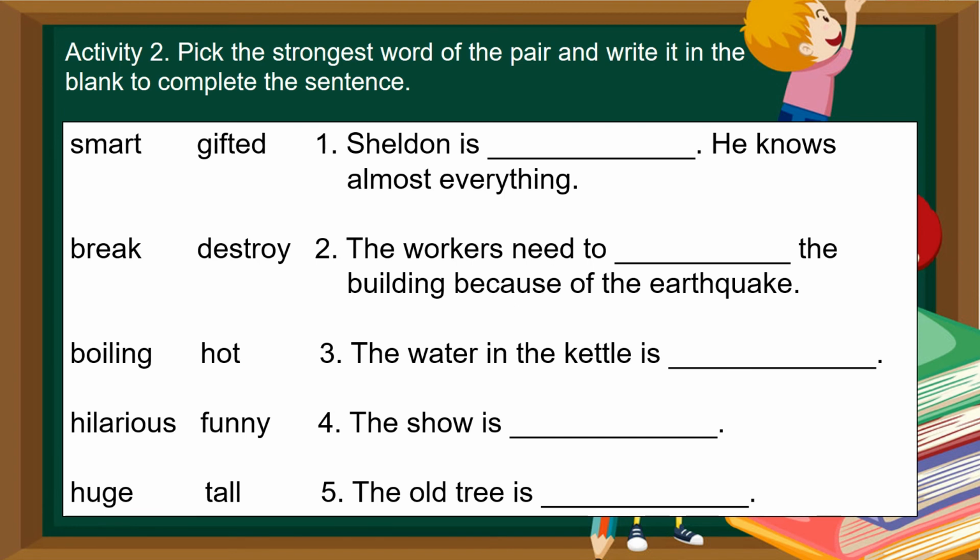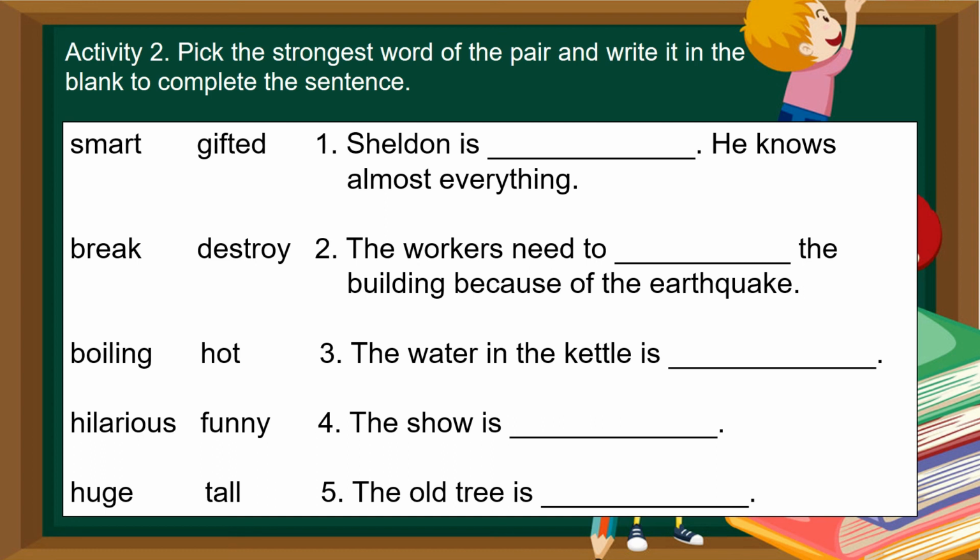Number 2. The workers need to blank the building because of the earthquake. The choices are break, destroy. Number 3. The water in the kettle is blank. The choices are boiling, hot.